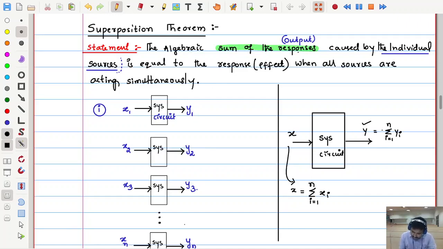If I add up all these outputs, I get the response, which means the output, when all sources are acting simultaneously. What are the sources? Sources are inputs. When all inputs are acting simultaneously.